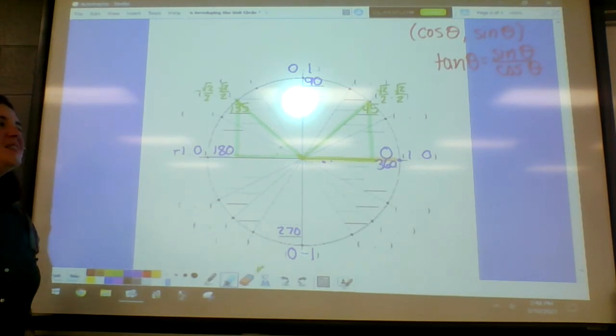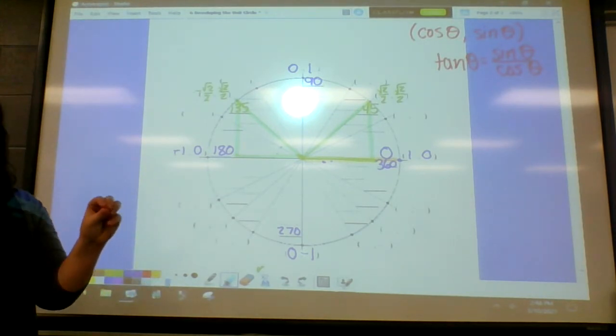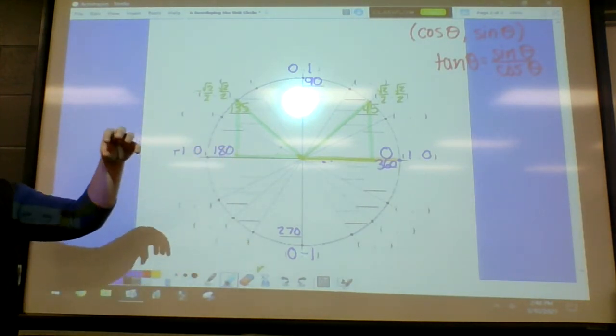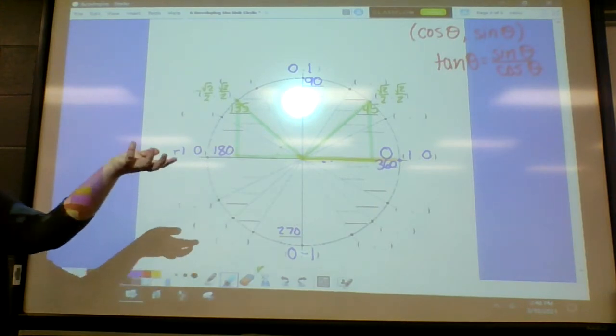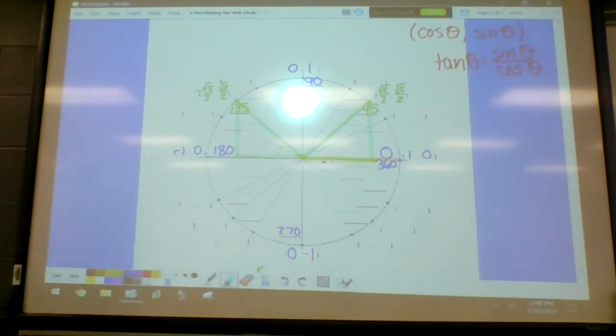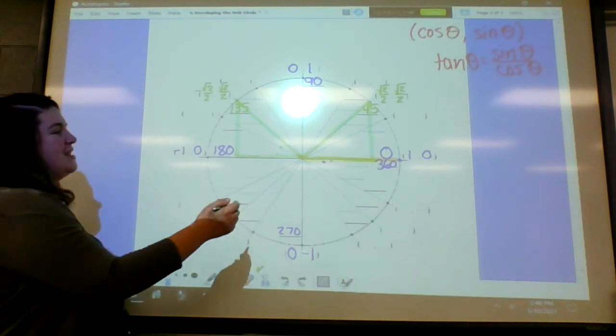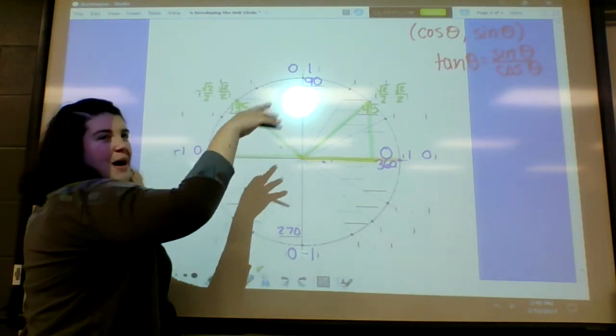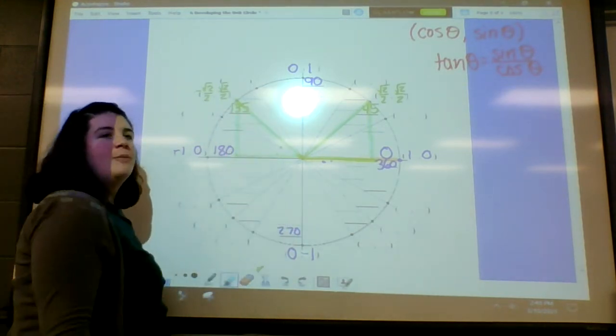If your radius is positive 1, because of the Pythagorean theorem, you know it's always radius squared, whether it's positive 1 squared or negative 1 squared, it's still 1. So instead of focusing so much on the radius being positive or negative, it's always the x's and y's that are positive or negative.